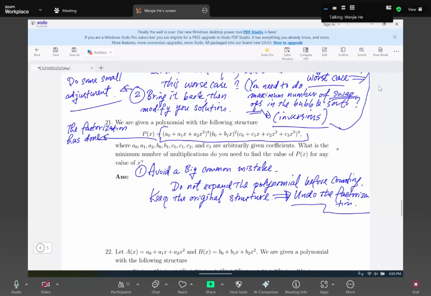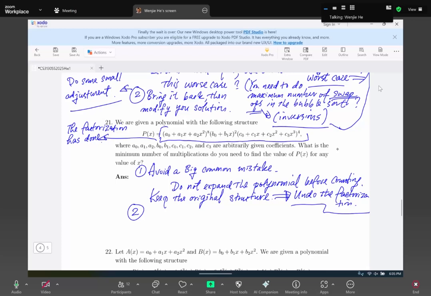All right. Second point in this question. Also, the second worst common mistake, just next to the first one. Many students forgot Horner's rule.